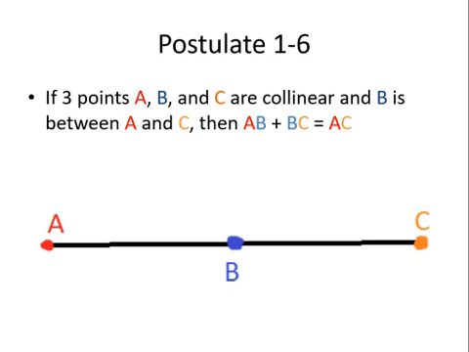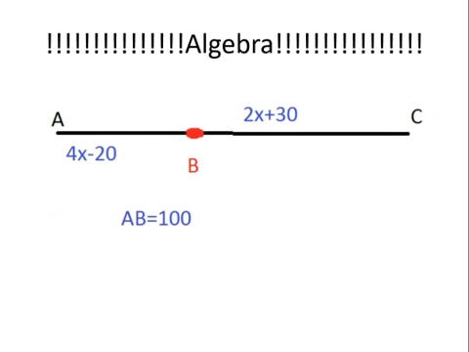So if you have a ruler that's 12 inches, and you cut it somewhere in there, the first part is 4 inches, the second part has to be 8 inches, because together they would create 12 inches. That's what postulate 1.6 is basically stating: if you have this situation and you add them together, they will always be equal.